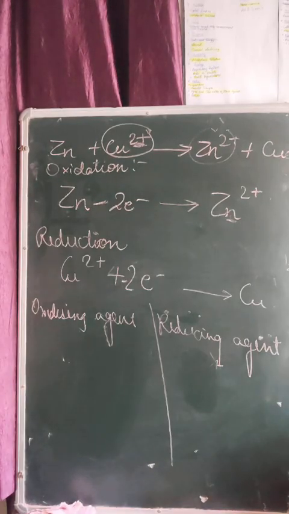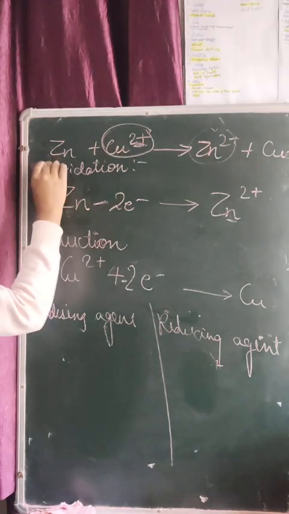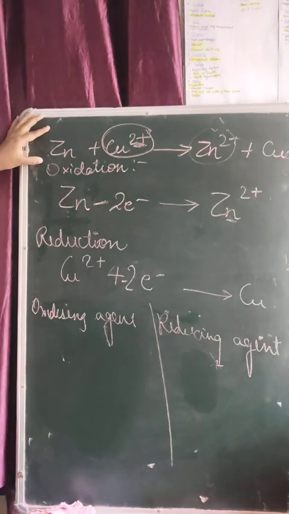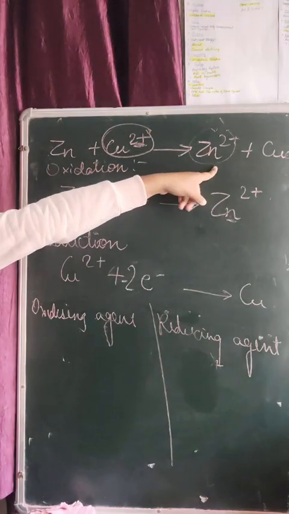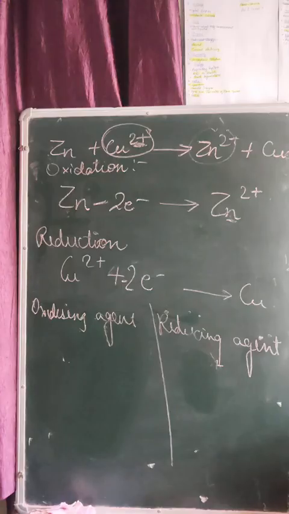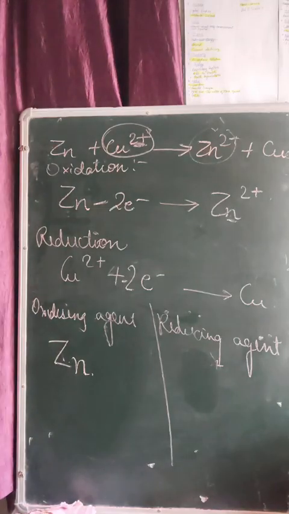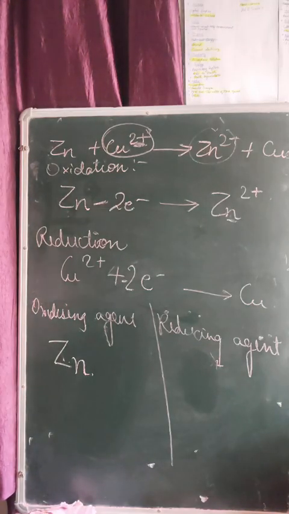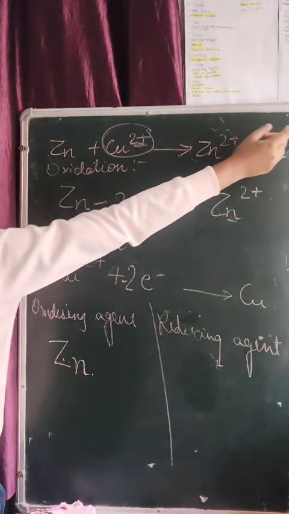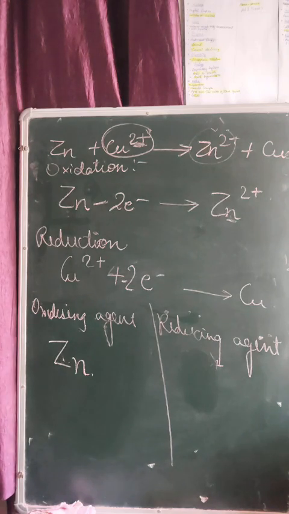Reducing agent means itself it is getting oxidized, but it is reducing the other. In this reaction, Zn is carrying out the process of oxidation, so it is getting oxidized but it is reducing others. So Zn will be the reducing agent. Cu2+ is carrying out the process of reduction, so it is getting reduced but it is oxidizing the other. So this will be the oxidizing agent.